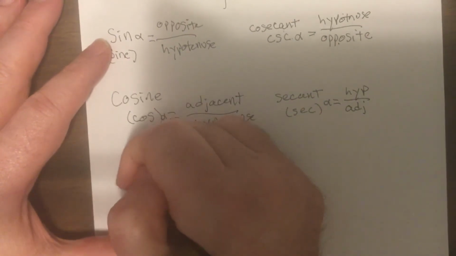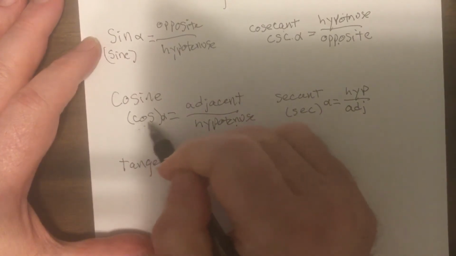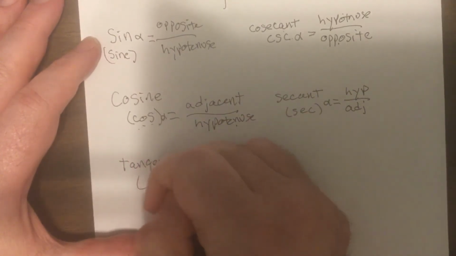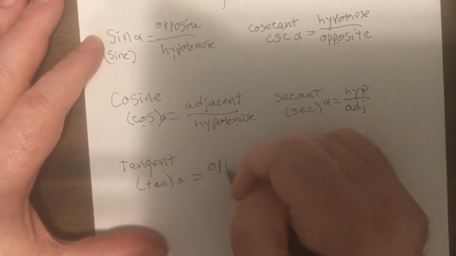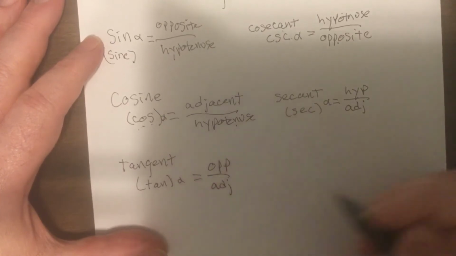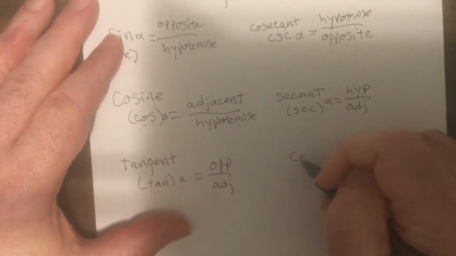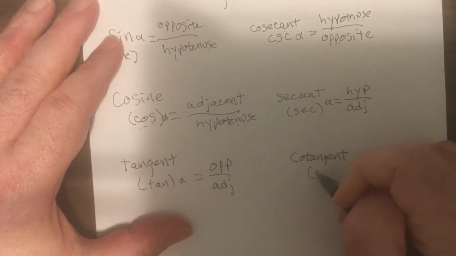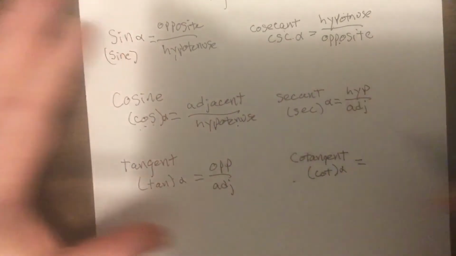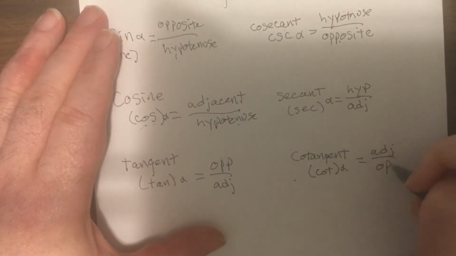Then we have tangent. You use the 3 letters, you don't write it all out. Tangent is T-A-N. Tangent's opposite over adjacent. And the reciprocal, which actually makes the most sense of all of them, is cotangent, C-O-T. That would be adjacent over opposite.